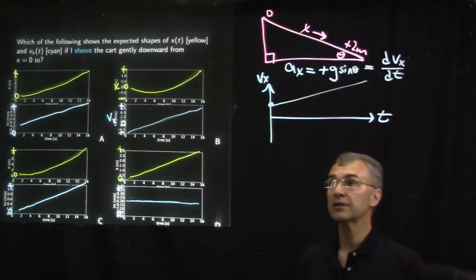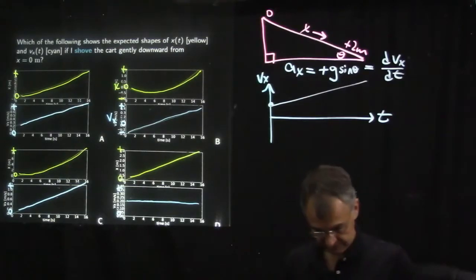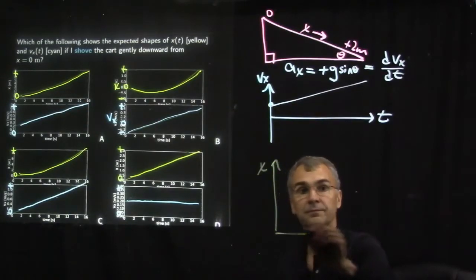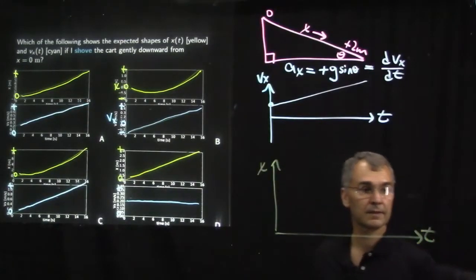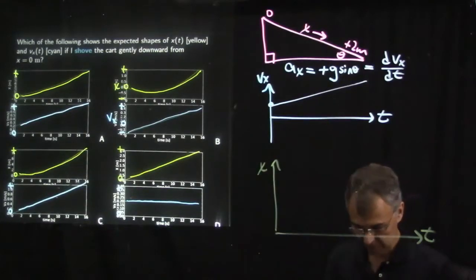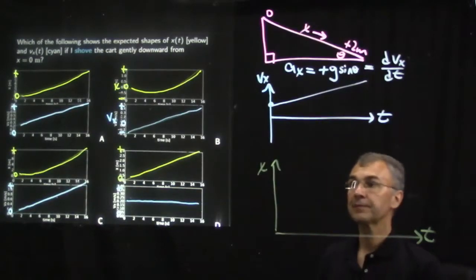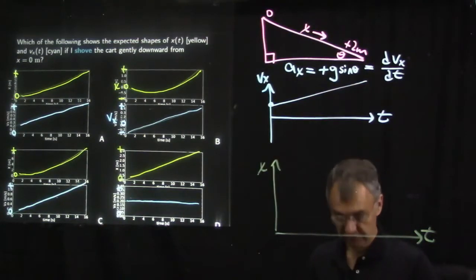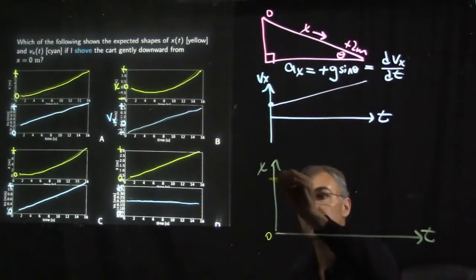And then if we look at x versus t, it's going to start out close to 0. So maybe this is 0 and this is positive.